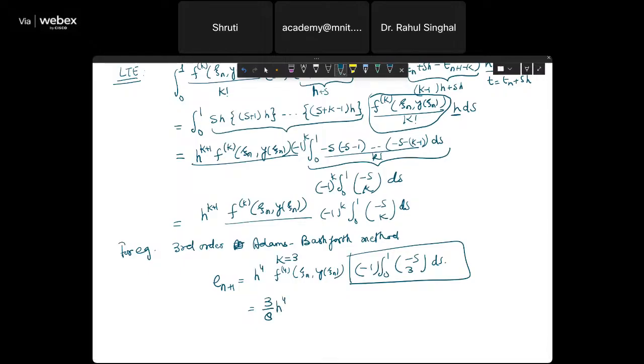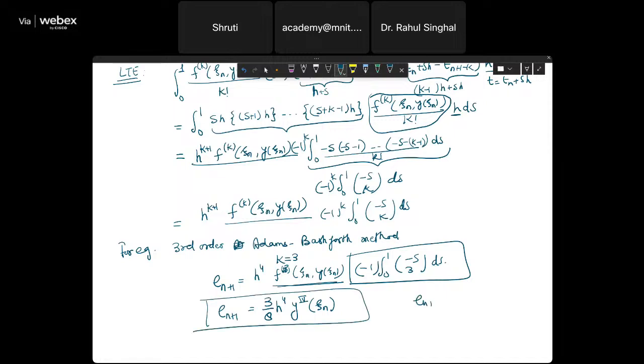And this is a fourth order derivative of f, meaning, sorry, it is third order, since k is 3, so it is a third order derivative of f. It means it can be replaced by the fourth order derivative of y at psi. So this will be the truncation error.